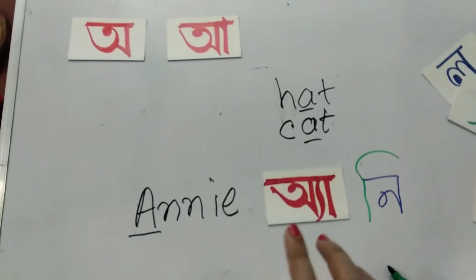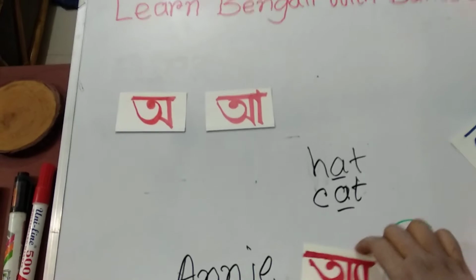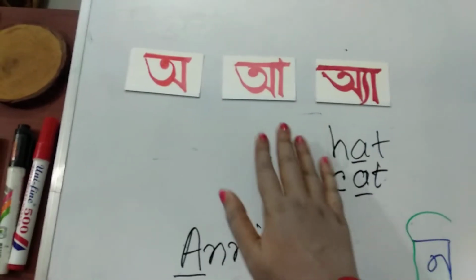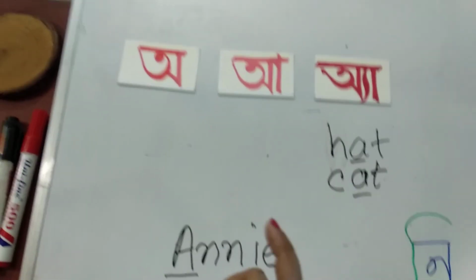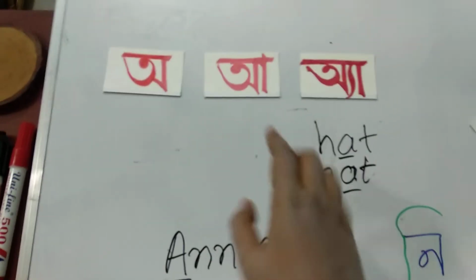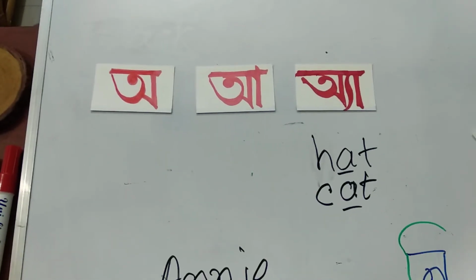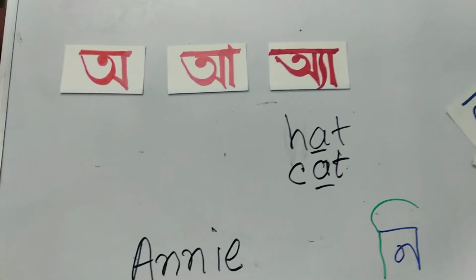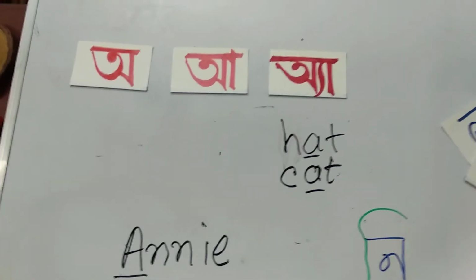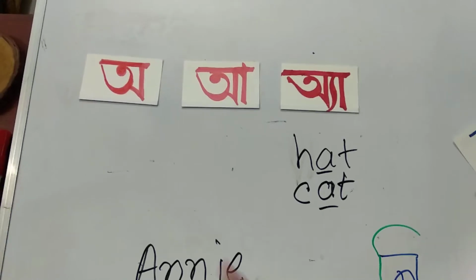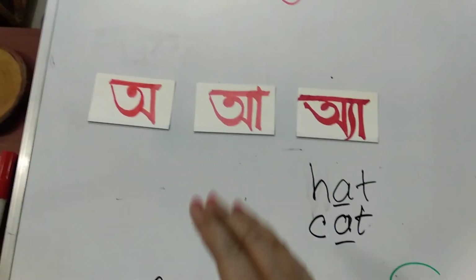And I should tell you something, that these three vowel letters can be used only in the beginning of a Bangla word. It can't be used in the middle of a word or at the end of a word. Okay, but some of you who have watched the previous lesson made by me might say that no, I was there for writing Quran.